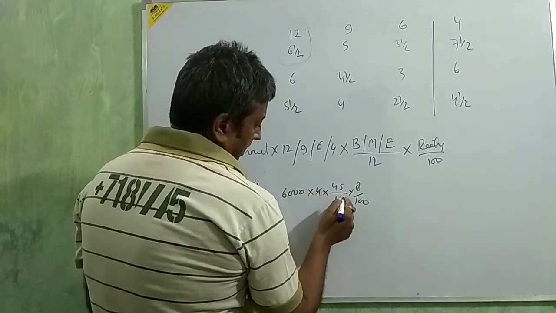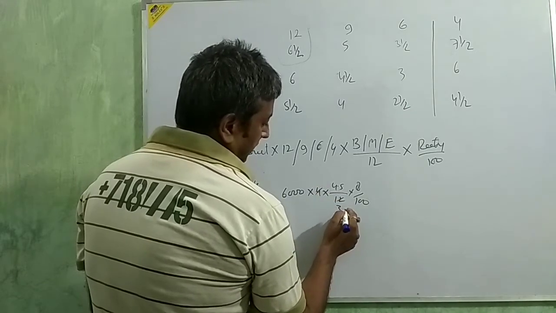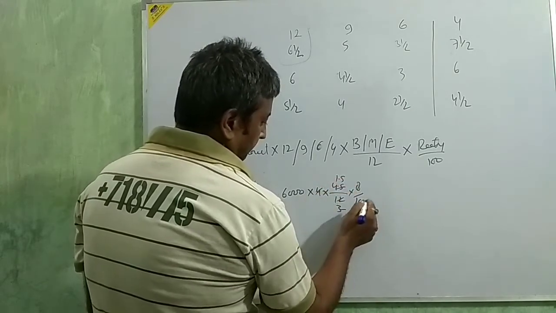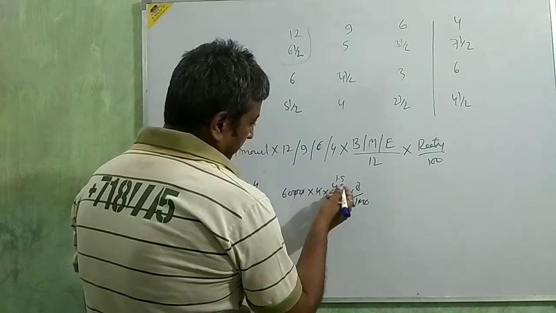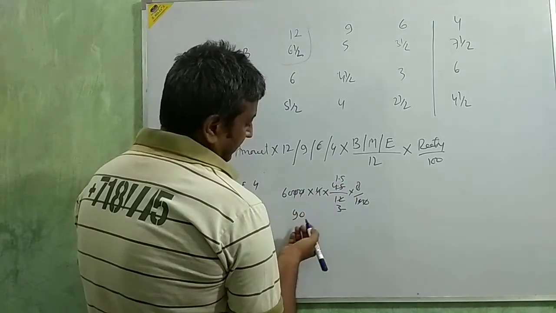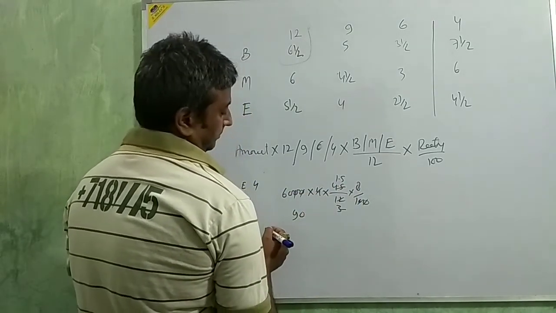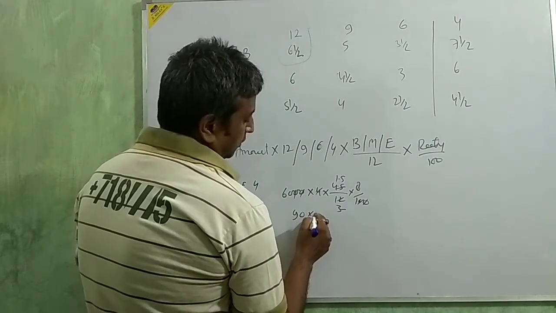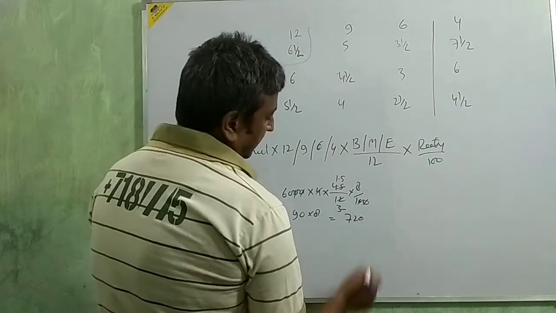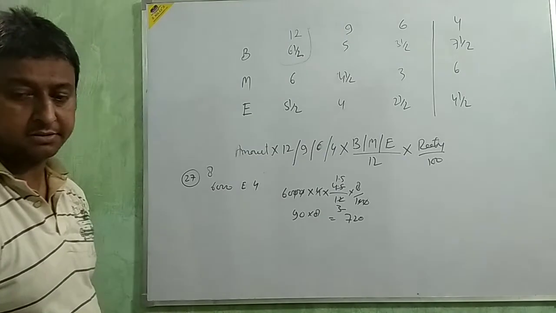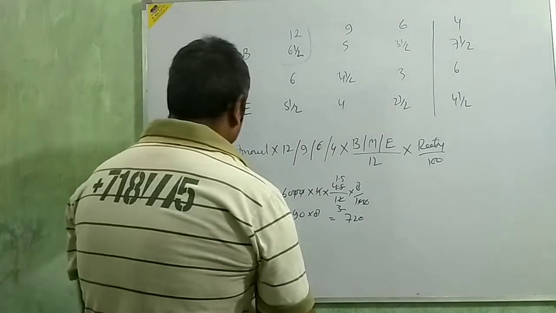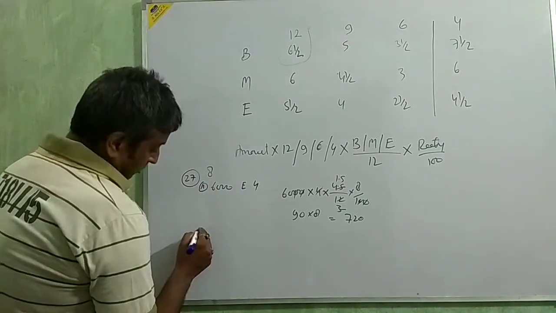Again the same thing is going on. 90 into 8 is 720. The answer is 720. Okay, go for the next. That was the second, now go for the third.